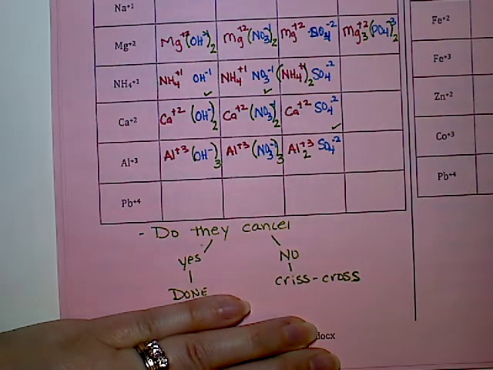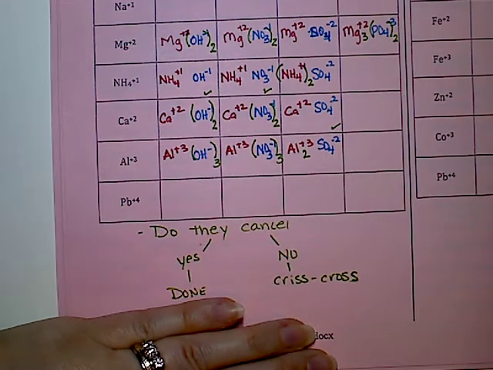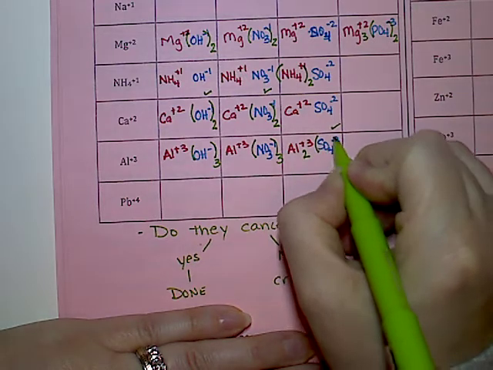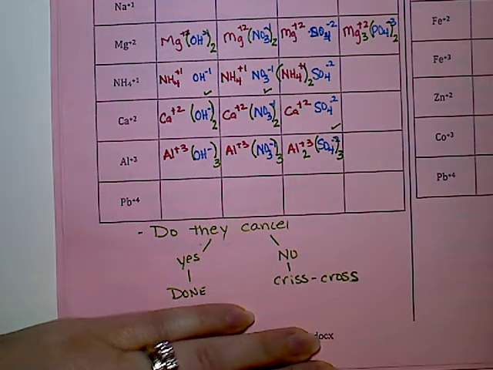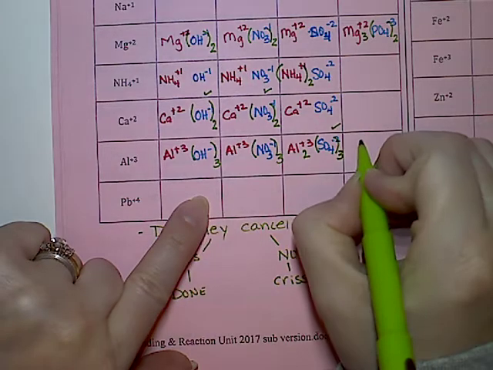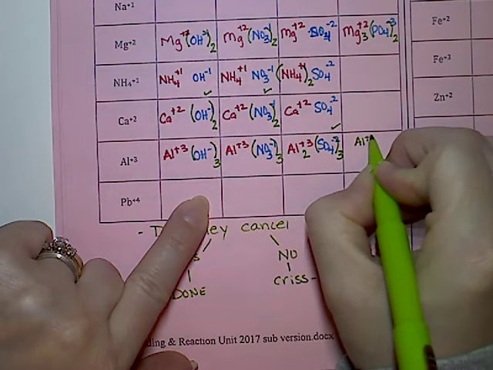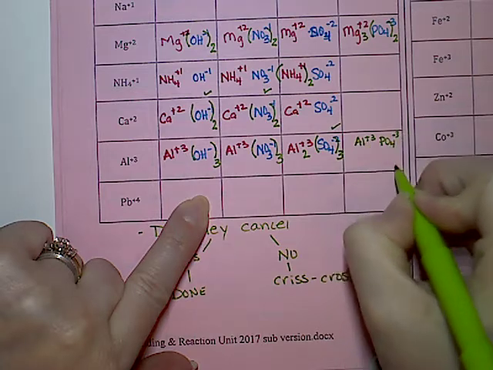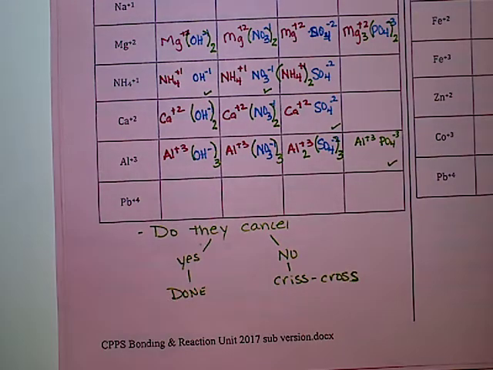I don't use parentheses because aluminum is just a single element. However, the sulfate, I need parentheses to bring my 3 down. The next guy, aluminum phosphate, does cancel out, +3, -3, so that guy would be done.